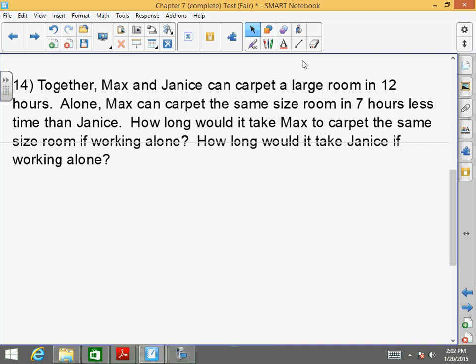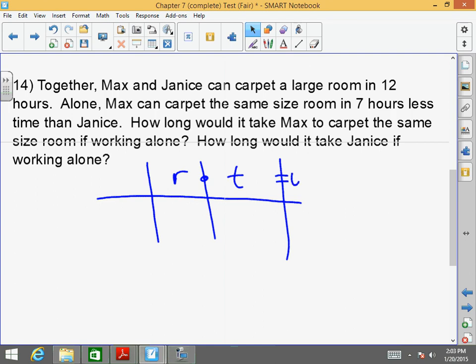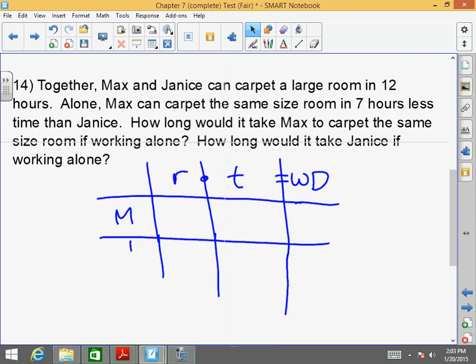Together, Max and Janice can carpet a large room in 12 hours. I know that they gave you a together rate, but they're still talking about Max and Janice, aren't they? When they're working together, Max is doing some part of the job, and so is Janice. You got to remember that.